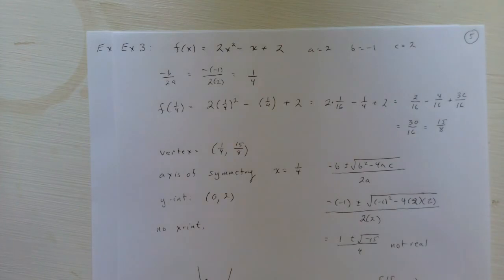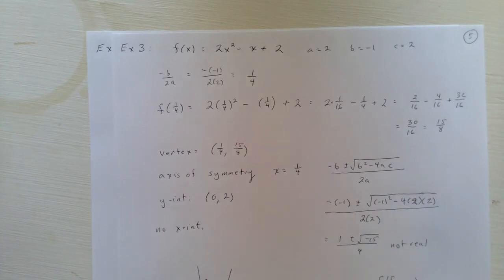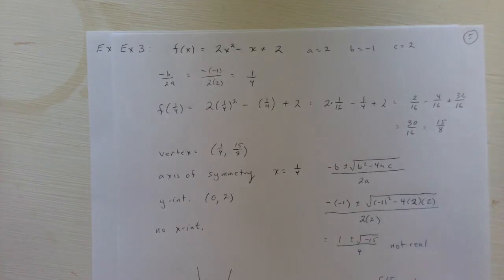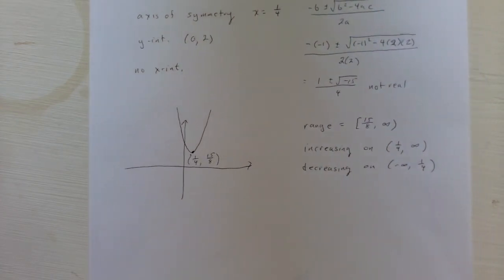We can see that we are increasing from here to here, that is when x equals 1/4 and beyond, and decreasing on negative infinity to 1/4.